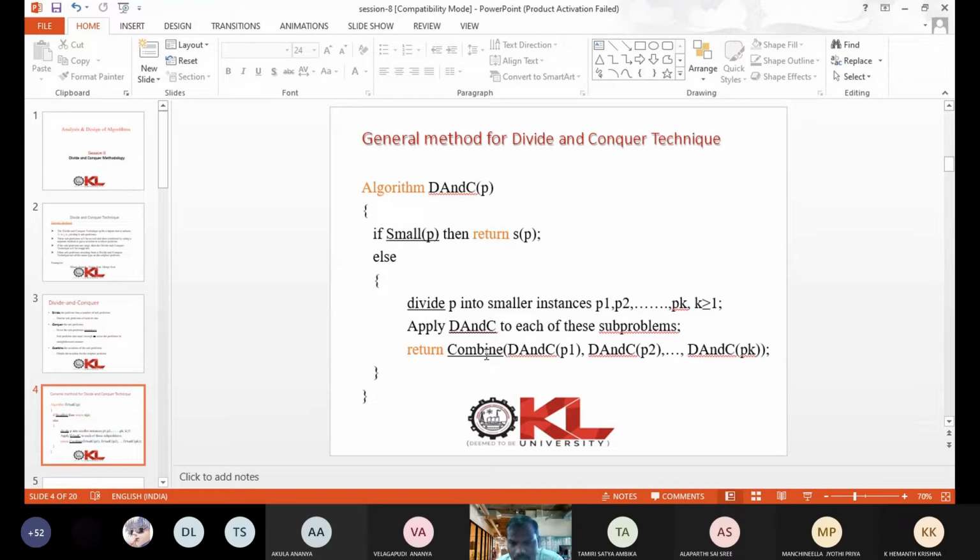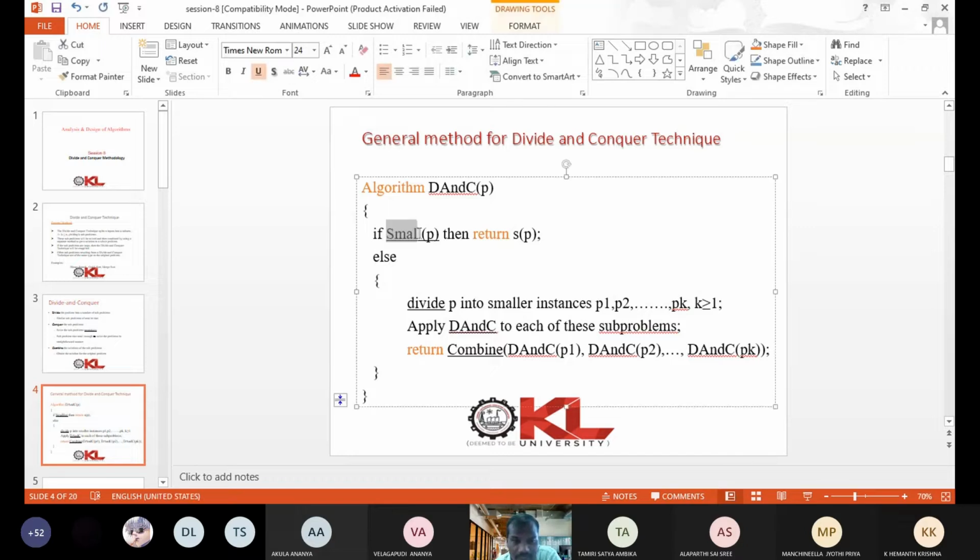But do you know how Combine will work? We don't know. Similarly, do you know how Small will check whether the problem is big or small? We don't know. So these types of functions are called abstract functions, where the meaning is well known to us, but the implementation details are not known to us. Functions like Small, Combine, D&C, Divide.